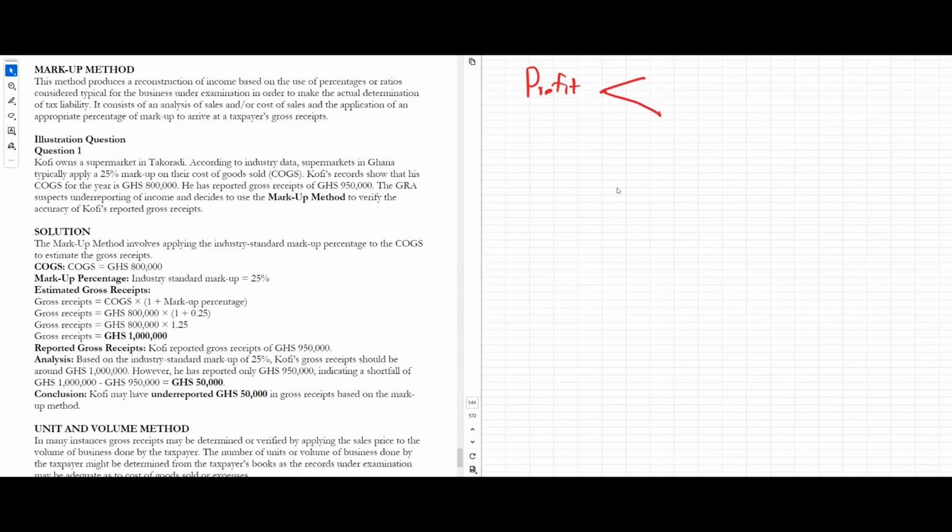Yeah, Prof. I wanted to find out on the other side. Let's say that Amma has a shop in Kumasi, and the amount that Amma incurred as expenses is say 30,000, and Amma has made an income of 350,000, and this income is reported to GRA. During the tax audit, they realized that the internal controls relating to Amma's business are not strong, and then they use the network.